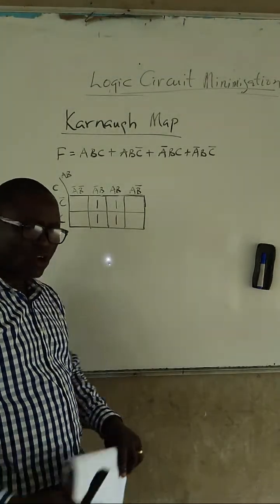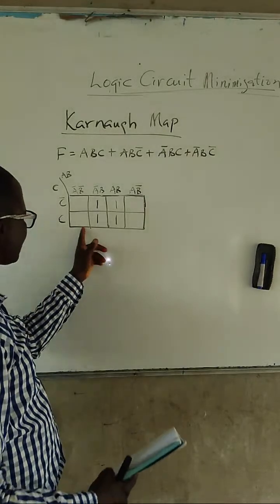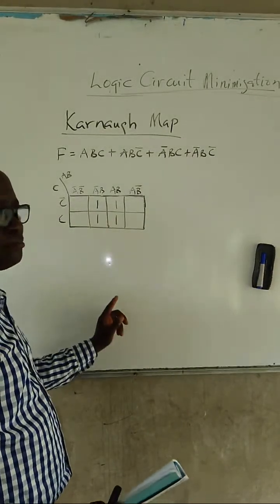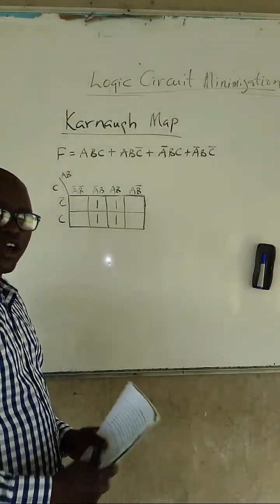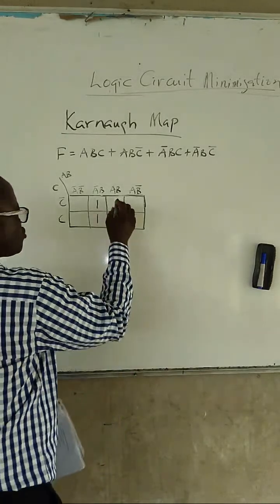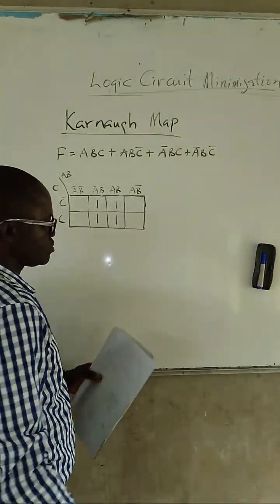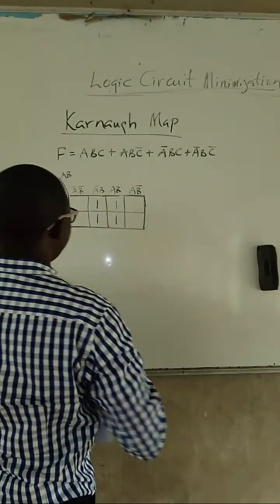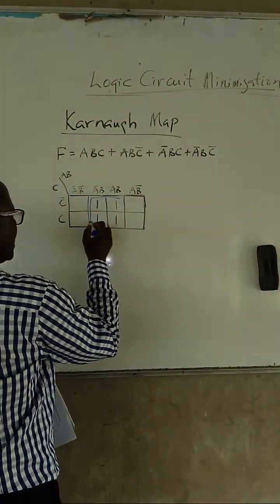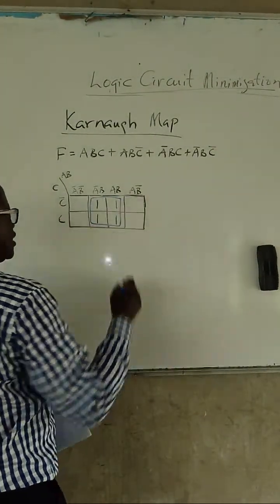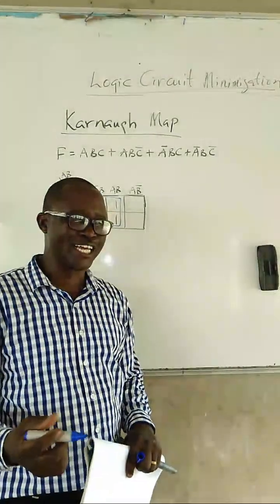So the next thing is now to simplify and write out an expression for them. Now, before you simplify, the job is to map it out. You can see that I mapped the 4 of them together.